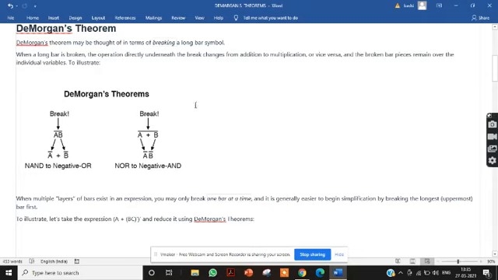You have to remember this symbolically. It is very easy. (AB) whole bar becomes, if there is multiplication, addition: A bar plus B bar. And the second one, if you have (A plus B) whole bar, addition under inversion, it becomes multiplication: A bar into B bar.